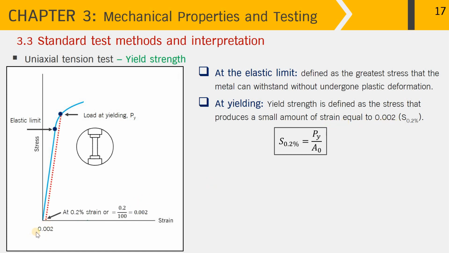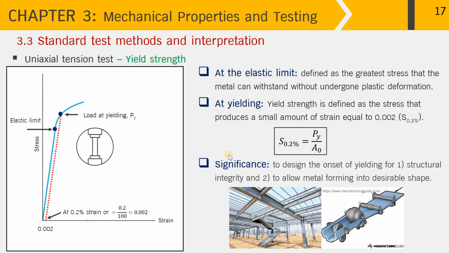So over here, at 0.2% strain, that is equal to 0.2 over 100, so we arrive at the strain of 0.002, which is over here. And then, to find the load at yielding, we draw a line parallel to the first line, having the same slope, and crossing the blue line at the load of yielding, or Py, like this.